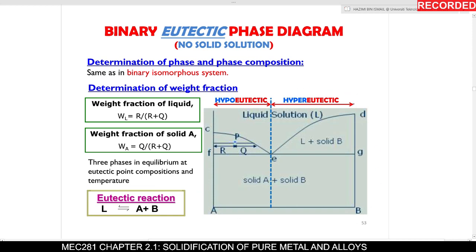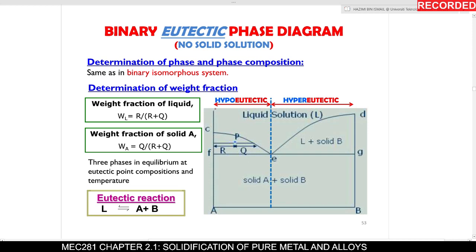The other thing that you may find strange is the definition and term of hyper-eutectic and hypo-eutectic. This slide shows that hyper is on the right side, divided by the zone through the eutectic point, as shown in this blue dotted line here.